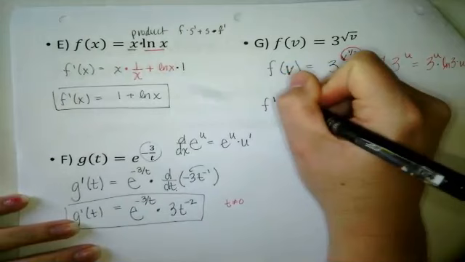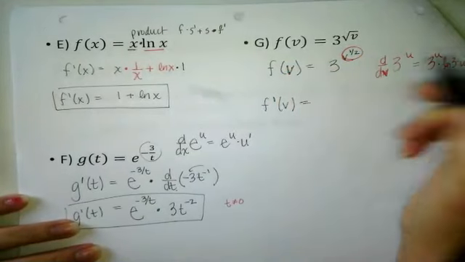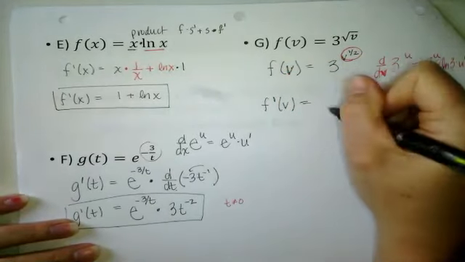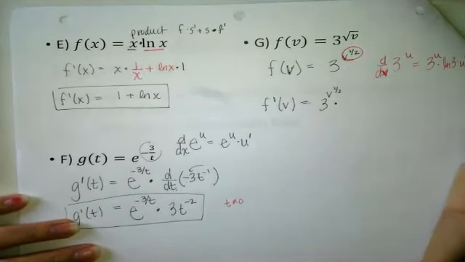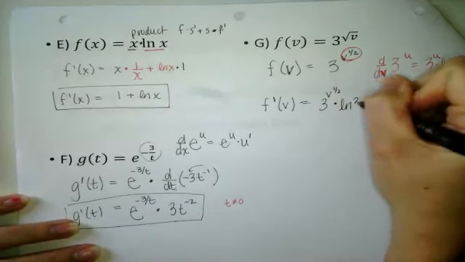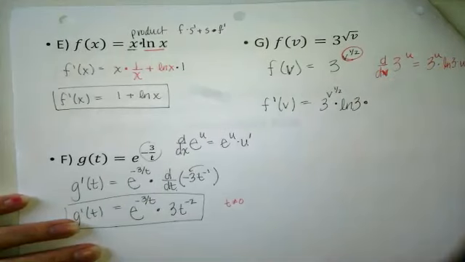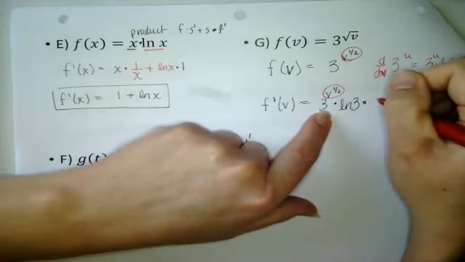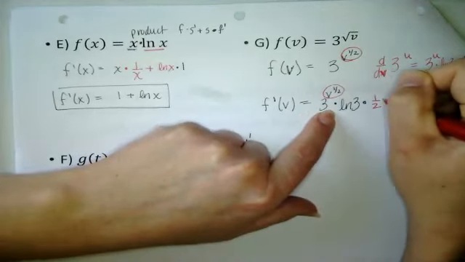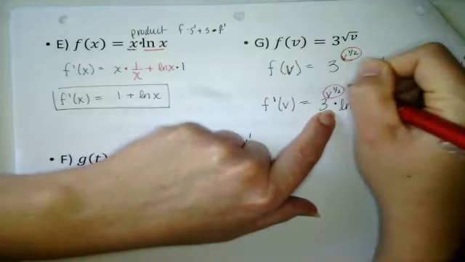V, f prime of, in terms of v, is e to the u. So 3 to the v to the 1/2 times the natural log of the base. So the natural log of 3 times the derivative of the baby function here. And the derivative of the baby is 1/2 v. We have to subtract 2 over 2.